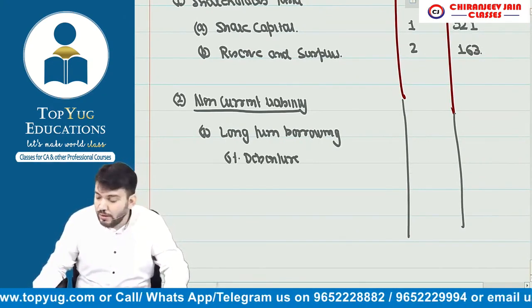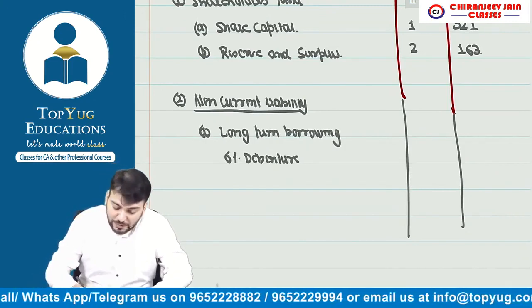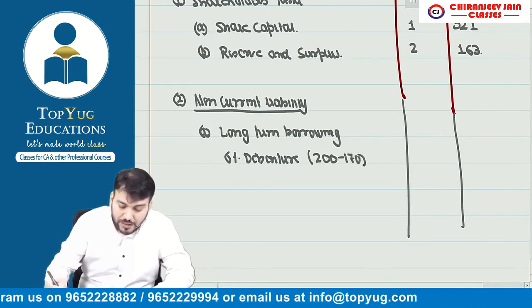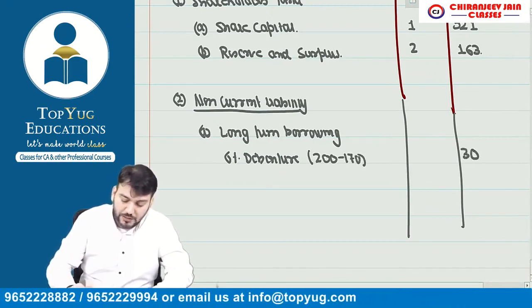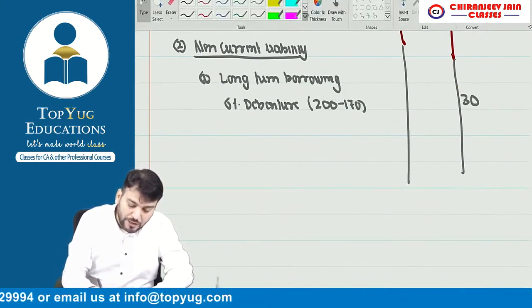So that is 200. How much to minus from 200? 170 freehold property was given. 200 minus 170, how much left? 30. Yes sir. Directors loan is fully cancelled. That will not come now.